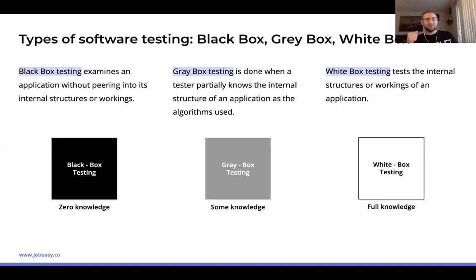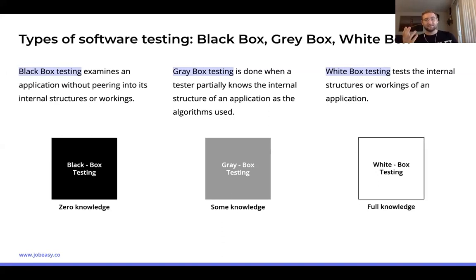I'll answer the question right away: do I, as a QA engineer who wants to start a career in IT, need to know the difference? Yes, you need to know the difference between all three of them, and you should be able to explain it. So the three types of testing we'll start with are black box, gray box, and white box.